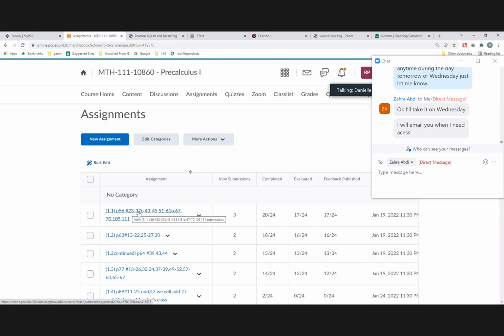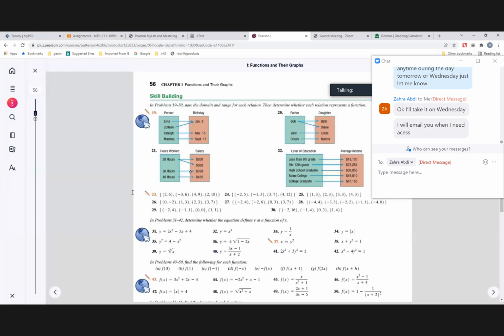Let me check the assignments really quickly. Okay. I don't think it affected your score though. I think your scores were okay. Yeah, it didn't. I just wanted to make sure I corrected the right one. It was for page 63.